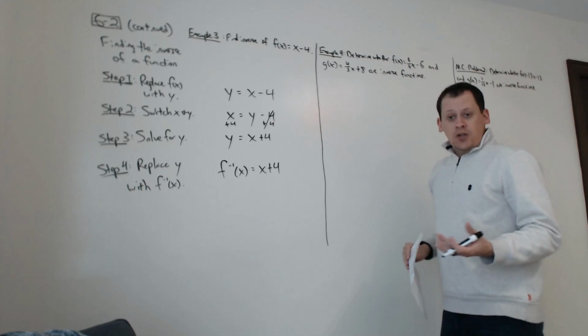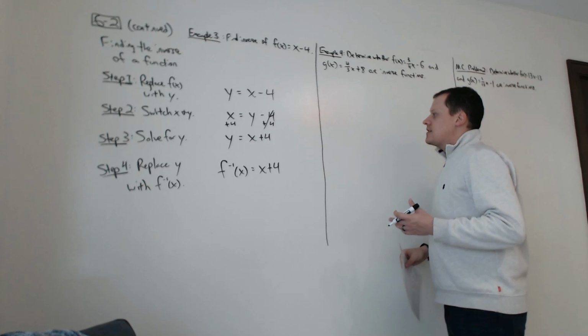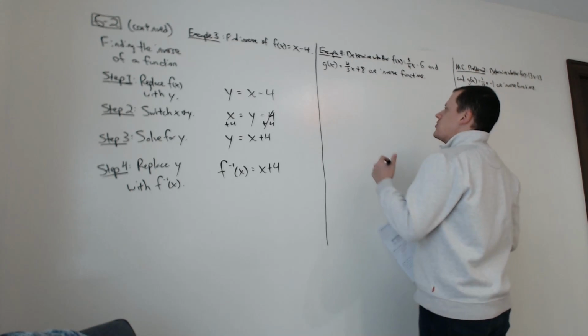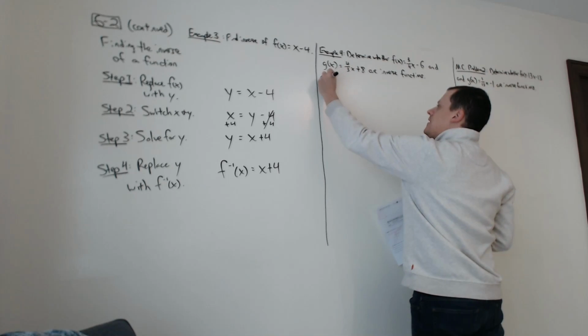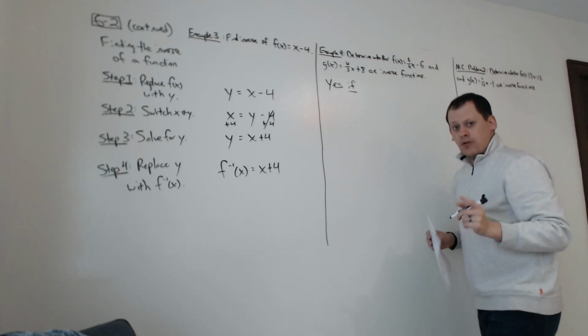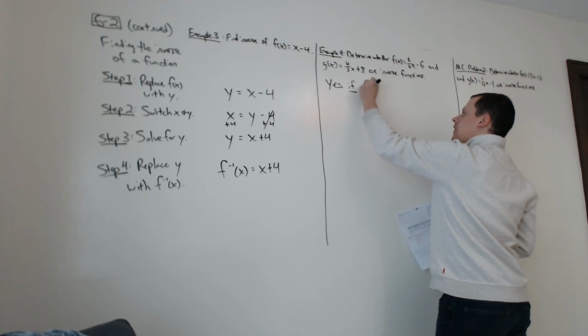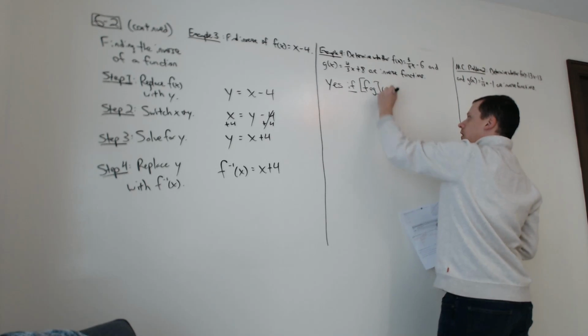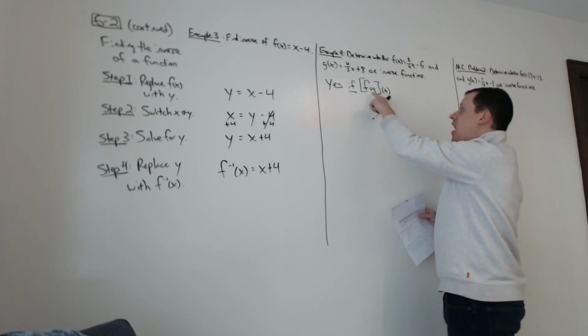What I'm actually going to have you do for this is something that you have seen in the last section with Miss Disher. The answer here is going to be yes if we take f of g of x.